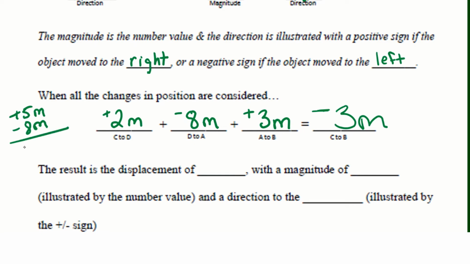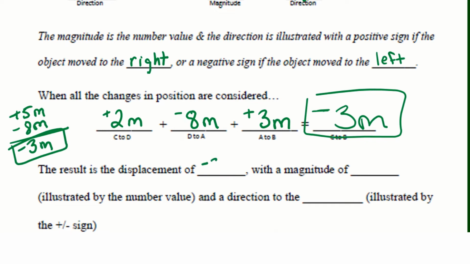So that gives me a total of negative 3 meters, which is exactly the answer that we came up with. Now, the result is the displacement of, so what would be the actual displacement here? Well, it would be negative 3 meters. Then they want to know with a magnitude of, so remember, magnitude is illustrated by the number. So the magnitude would be 3. And the direction to the what?